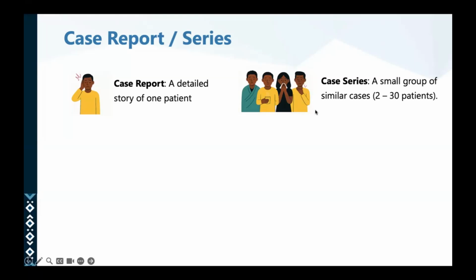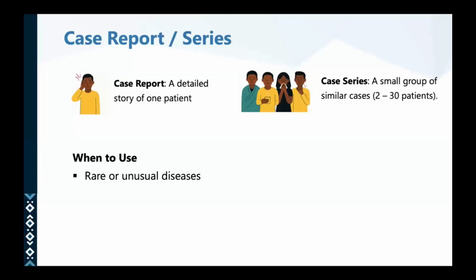And if you have a good number of those patients, let's say more than one, up to 30, typically a maximum of 30 patients in a case series, you describe that group of patients, their characteristics, how they presented, their history, and you start to give a hint or hypothesis of what you think might have been going on with these patients.